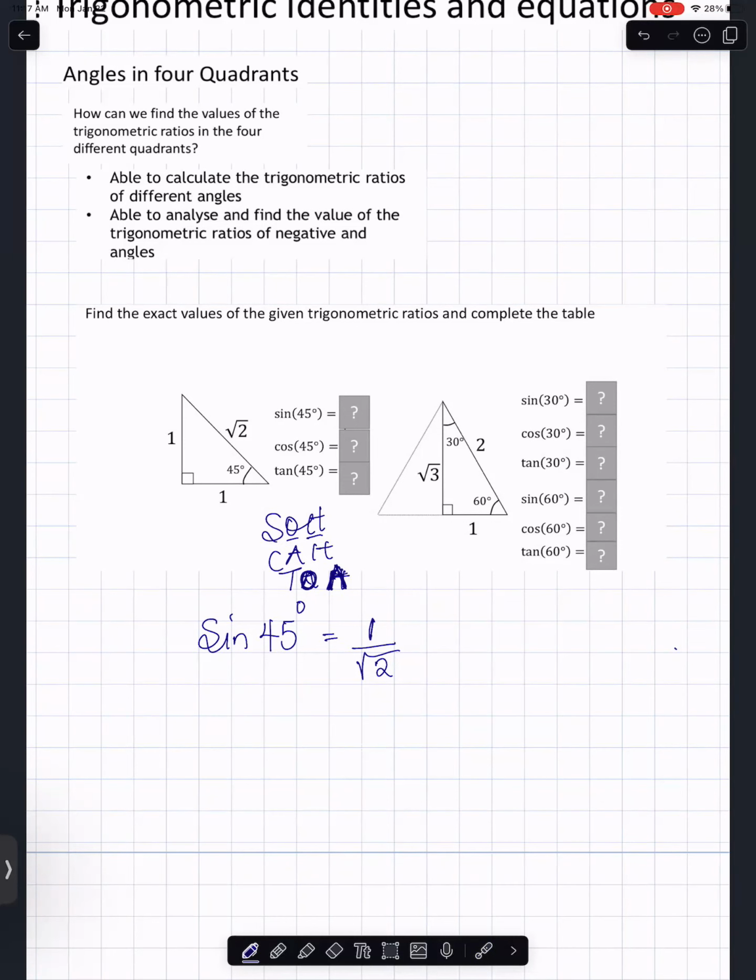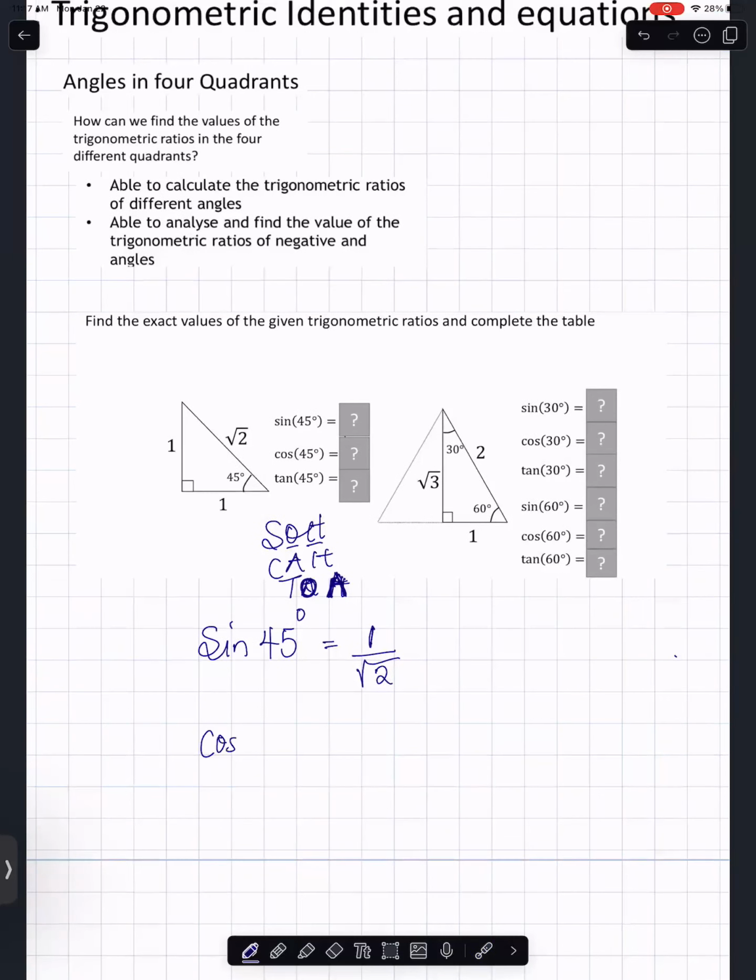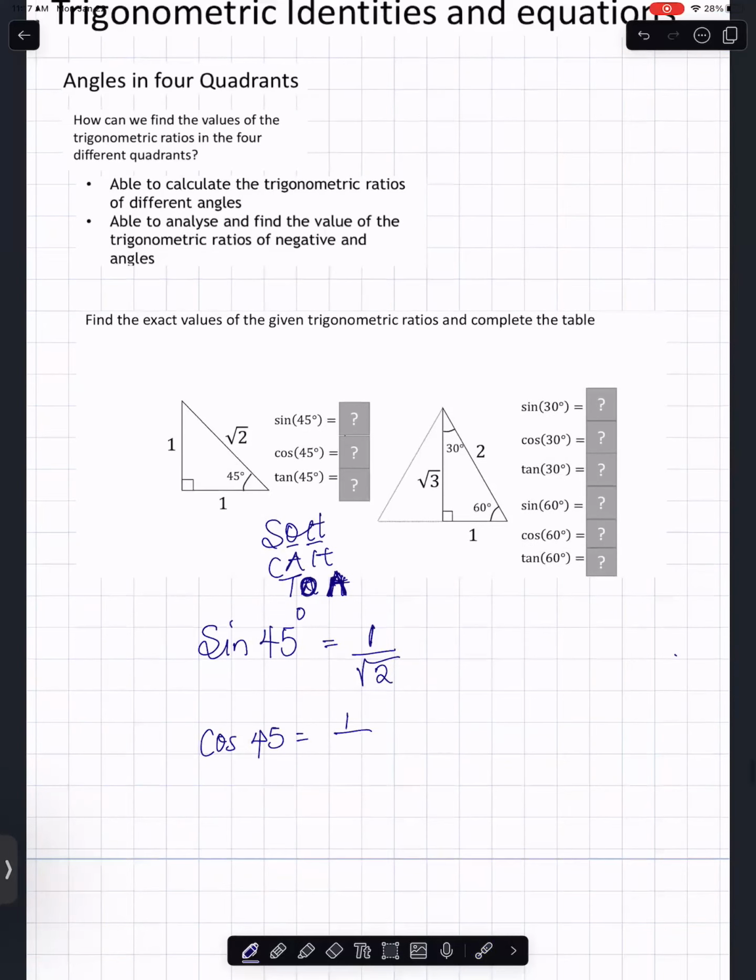Then for cos 45 degrees, we have cos 45 as adjacent divided by hypotenuse. The adjacent is 1, and the hypotenuse is root 2. So we have the same as our sine of 45.